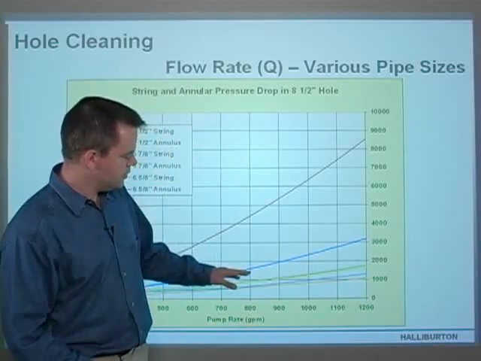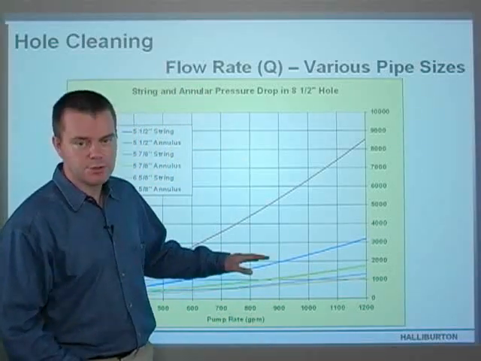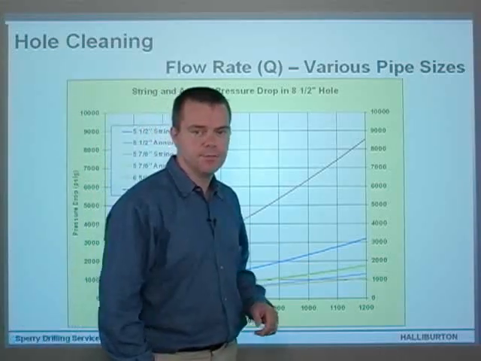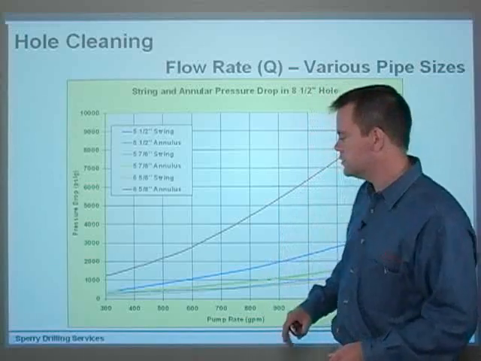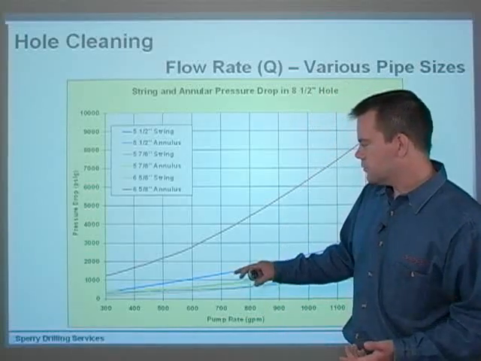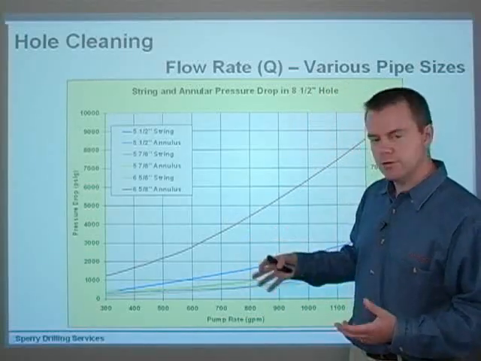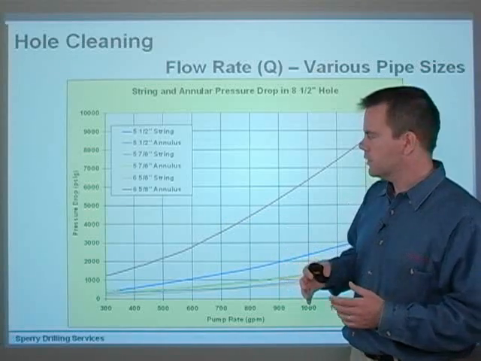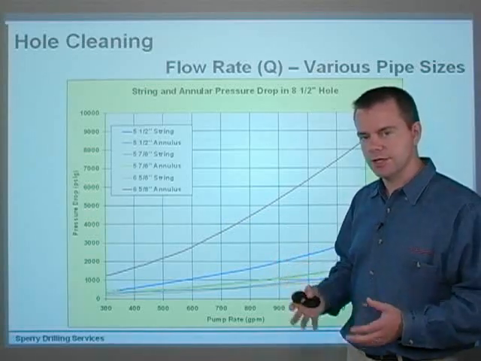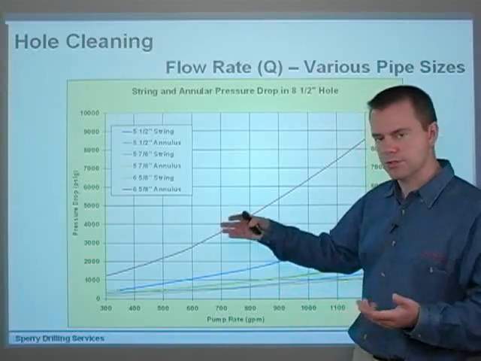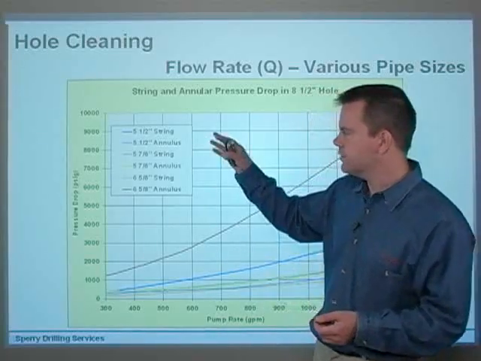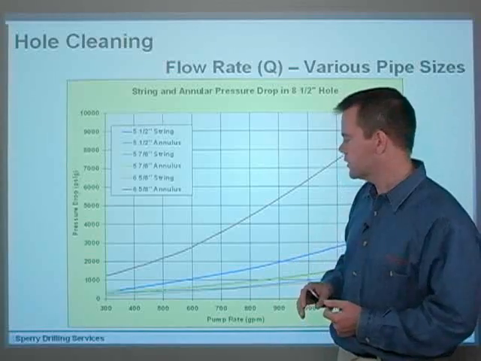You've got getting on for 1,500 to 2,000 psi at the length of pipe that I put into this equation, obviously. So 5.5-inch pipe, although it reduces the annular clearance, it doesn't reduce it that much, so you don't get a great deal of extra annular velocity, but what you do get is an increase in standpipe pressure. So the 5.5-inch isn't really optimum in this case.